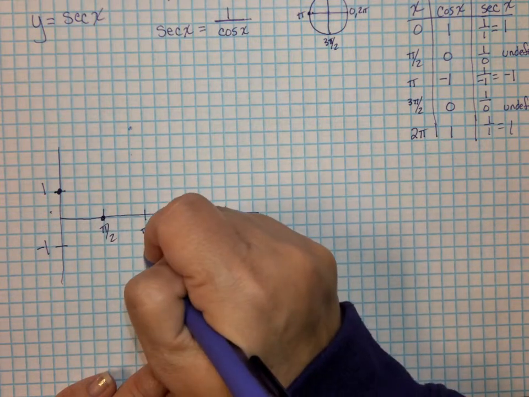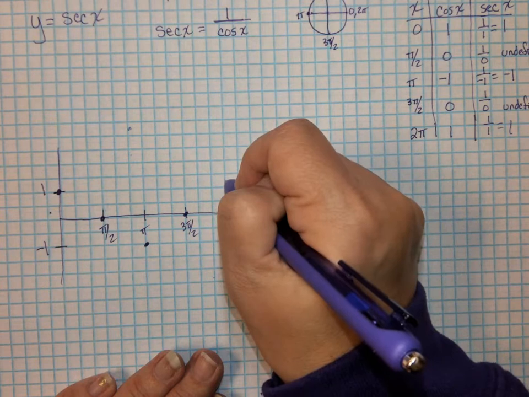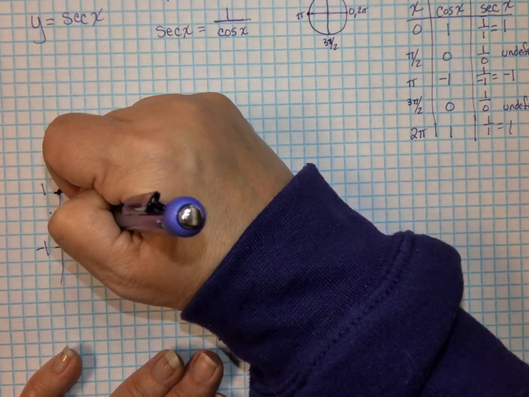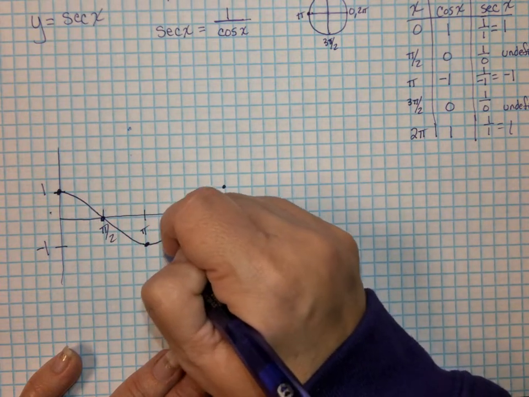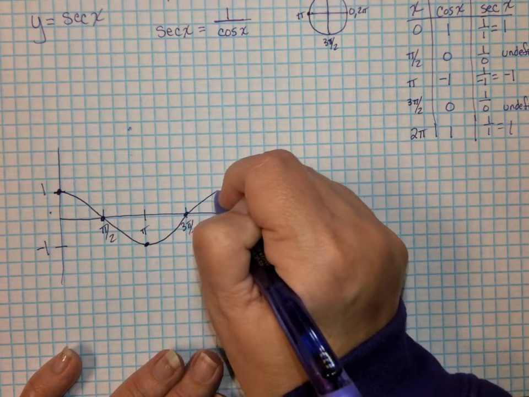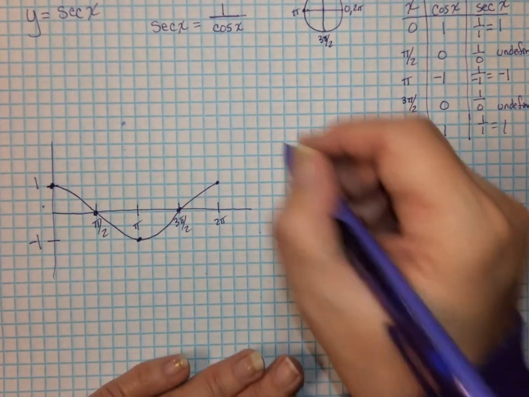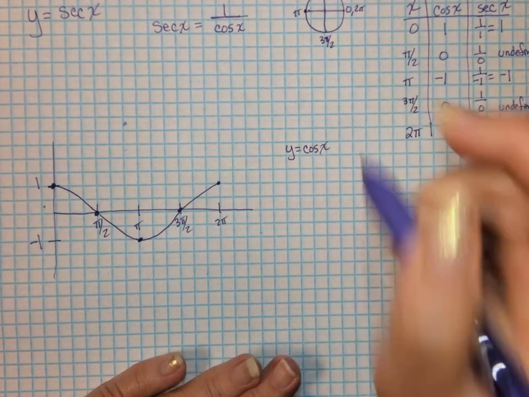At pi, it goes down to -1, 0, back up to 1. Remember, it's curving like this, like this, like this. So my purple, that's my cosine.